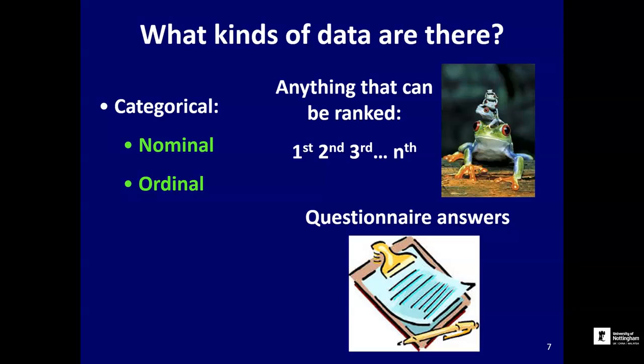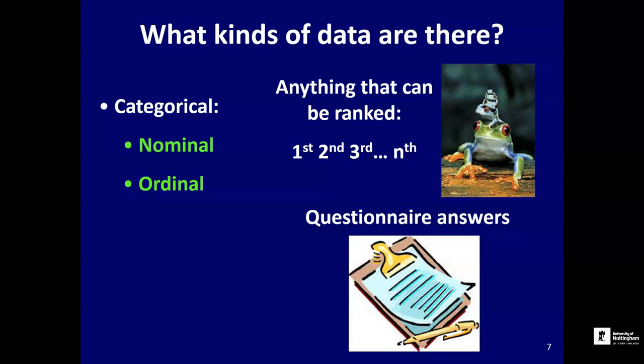Nominal data are just one example of a kind of variable that we call a categorical variable, so where the data are in categories rather than on a numerical scale, a continuous numerical scale. But sometimes categorical data are themselves sort of pseudo or semi-numerical. So anything that you can rank in the life sciences or elsewhere, like for example the answers to a questionnaire, you might be asking people for how strongly they're feeling some symptoms in a medical trial, and you want them to rate them from strongly disagree through to strongly agree, or something like that.